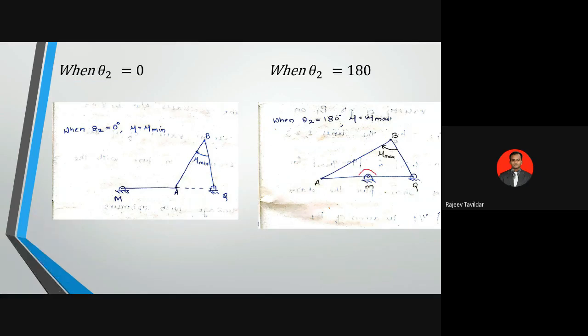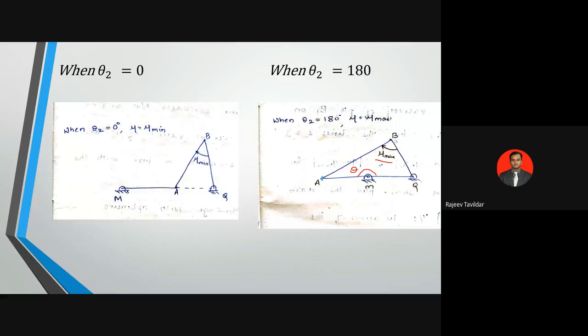During this, your transmission angle mu will become maximum. That's why we are going to term it as mu max. You can clearly see that we cannot increase this value of mu further. This is a maximum value.